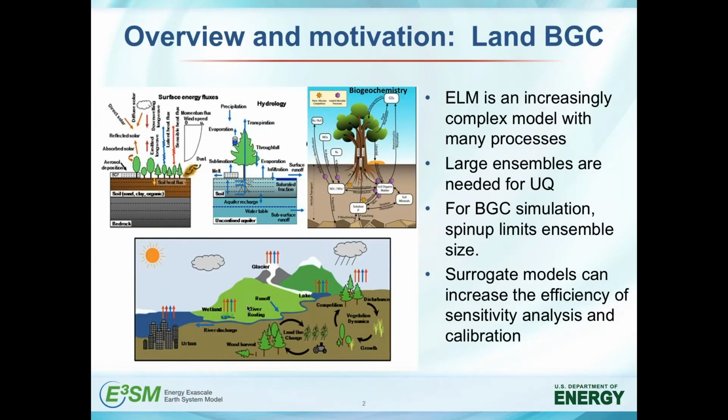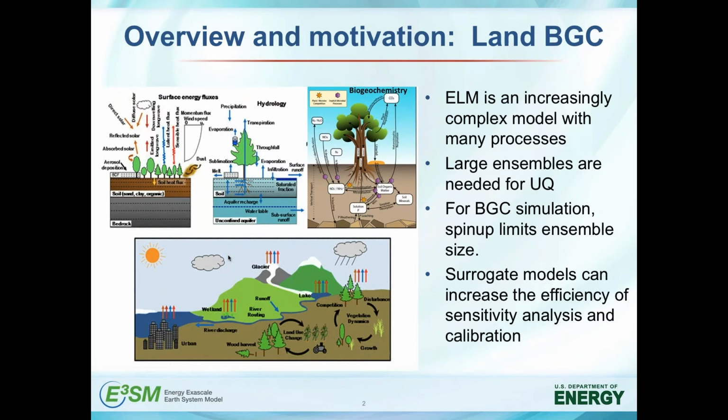So specifically, since most of our work has been in the ELM model, ELM is in itself a complex model with many processes that are considered. So things like surface energy, hydrology, biogeochemistry, and land use changes are all considered.